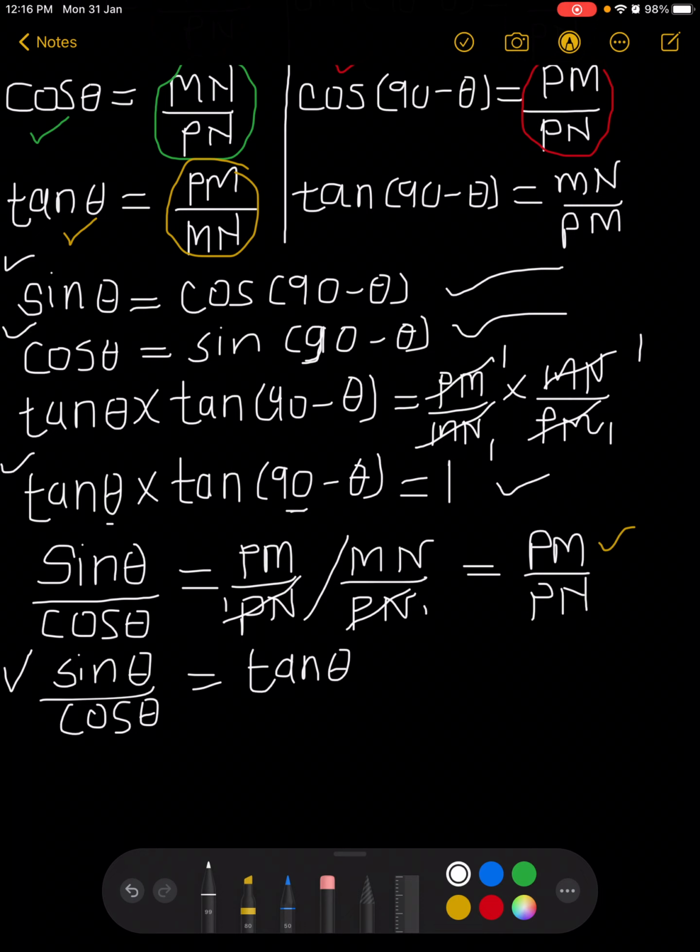Third one is tan theta into tan 90 minus theta is equal to 1. And the last one, which is very useful in the examples of trigonometry, sine theta upon cos theta is equal to tan theta. Here we have ended the explanation on relations of trigonometric ratios.